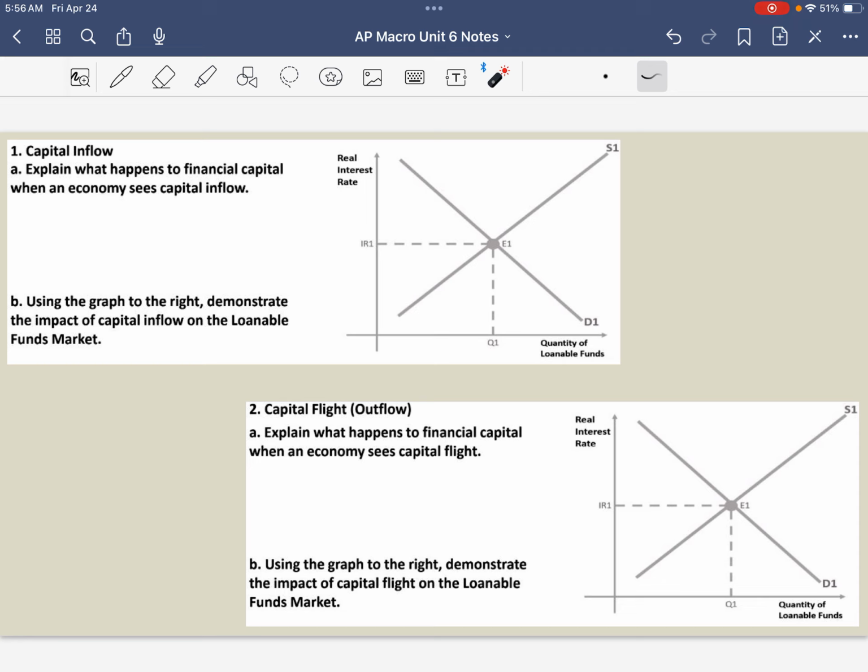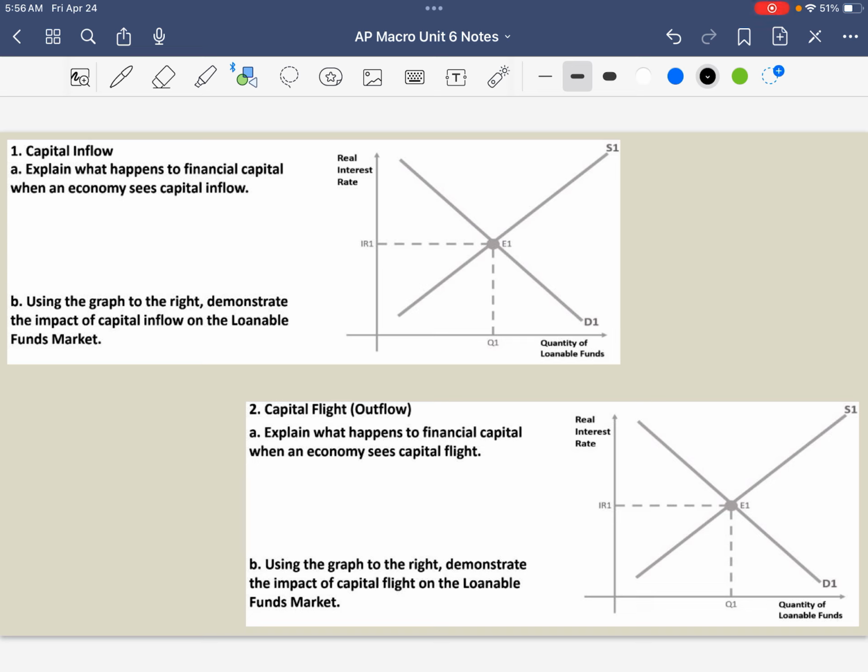So let's talk about inflow, outflow. So I have two little examples here. This one would be capital inflow. Capital flight is just a way of saying capital outflow. So if we see that there's a lot of money coming into the United States through foreign exchange in the capital financial account or the current account, that just means that there's more money that's flowing through United States banks.